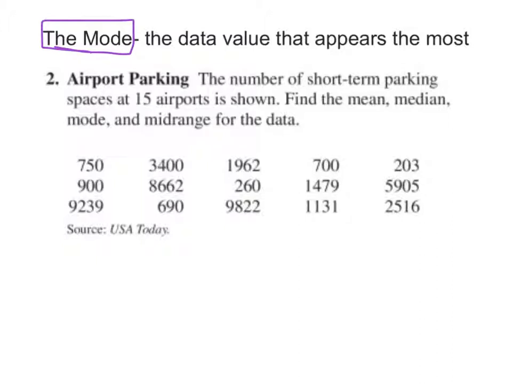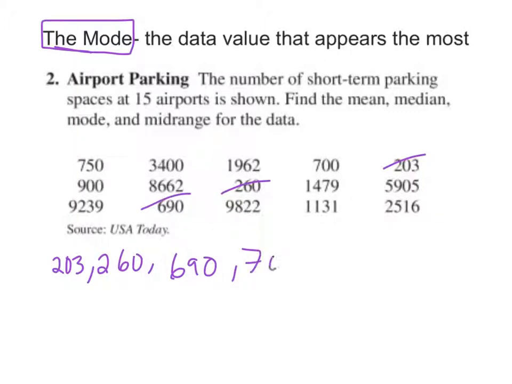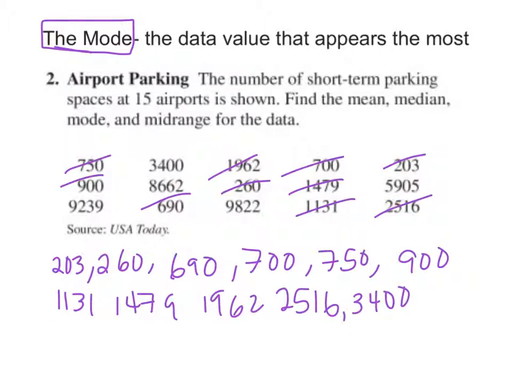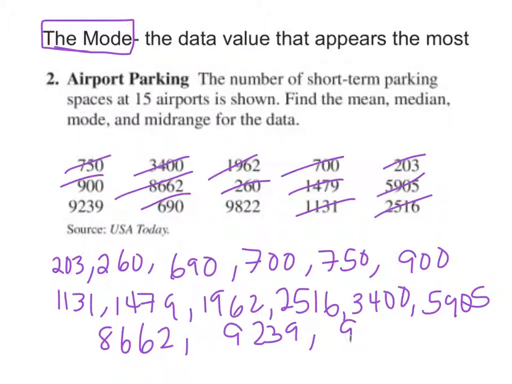So if I were to take a look at this and start ordering it, I'd have 203, 260, and next smallest is 690, 700, and not 750, 900, 1131, 1479, 1962, 2516, 3400, 5905, 8662, 8662, 9239, 9822.